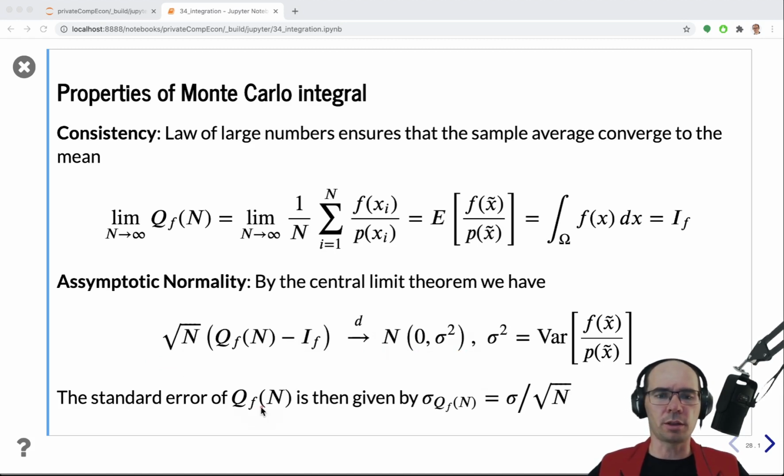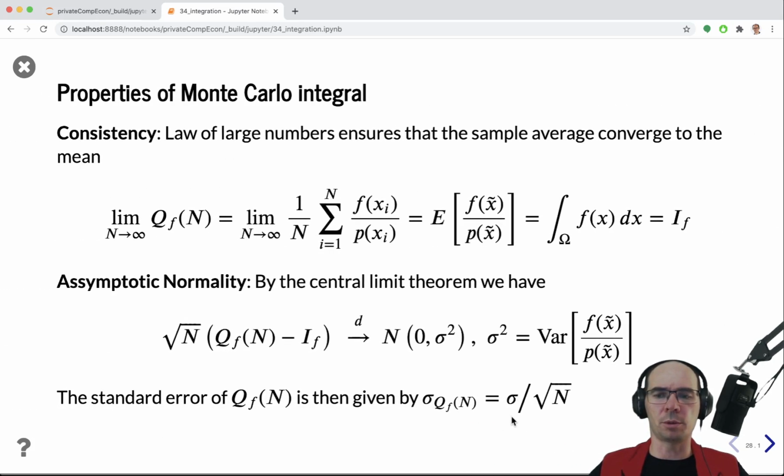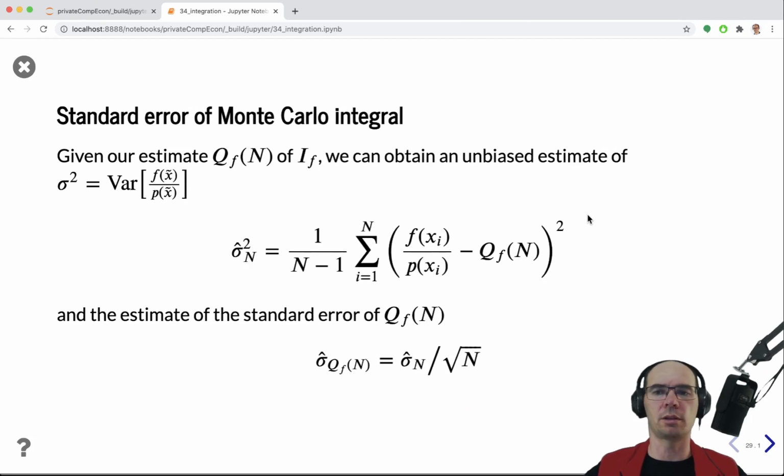And so we can say that the standard error of our Monte Carlo integral is given by this expression here, sigma over square root of n, where n is the number of Monte Carlo draws. Now we don't know sigma, as is usual in this statistical problem, and so we can estimate it with an unbiased estimator as well.